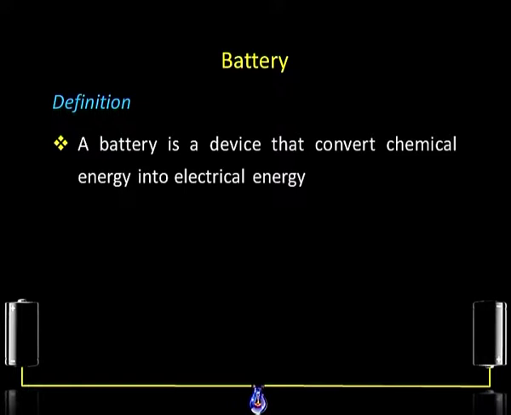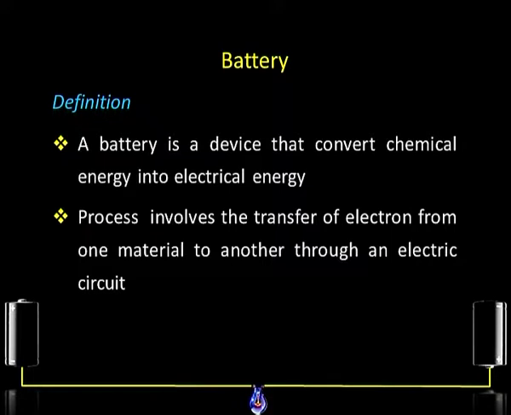The main basic unit of a battery is an electrochemical cell, which converts chemical energy into electrical energy through an oxidation-reduction reaction, that is, redox reactions. These types of reactions involve the transfer of electrons from one material to another through an electric circuit.